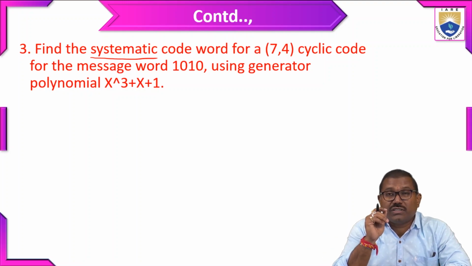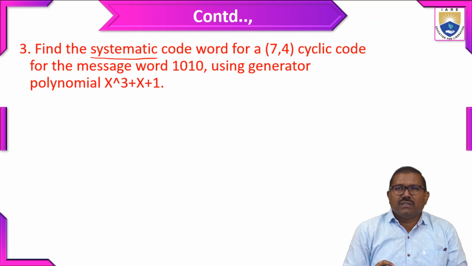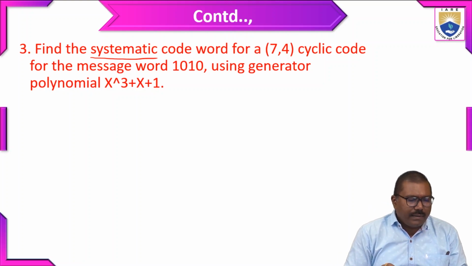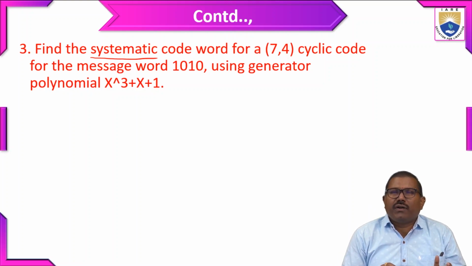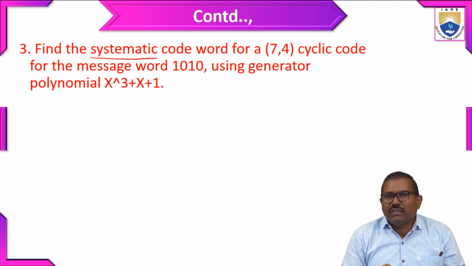What is the procedure? It is a 3 step procedure. First, we multiply the message polynomial with p power n minus k, or x power n minus k. Why? Because it's given in x form, not p form. So you follow this notation. Whereas in the previous problem, they gave the p form polynomial g of p.